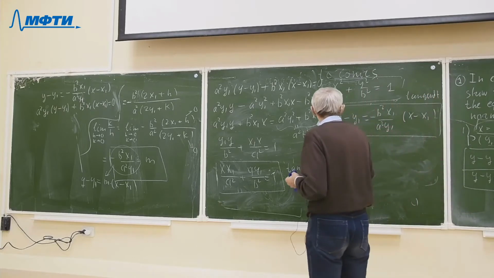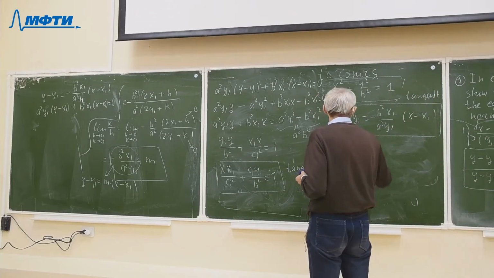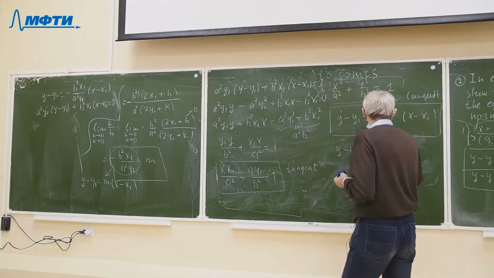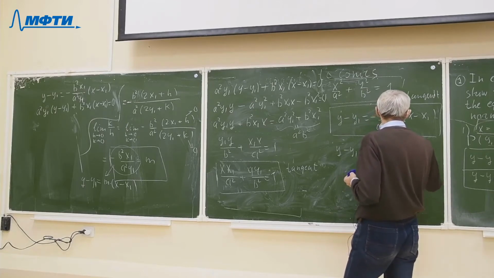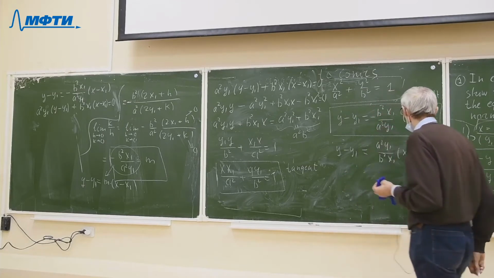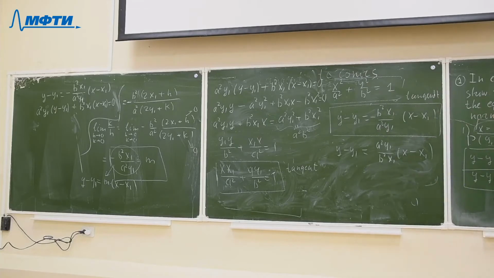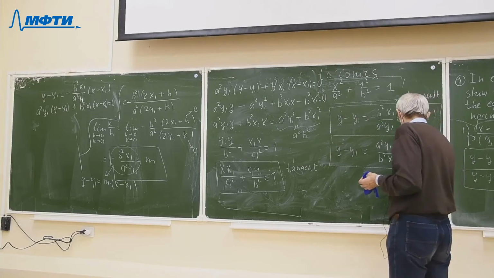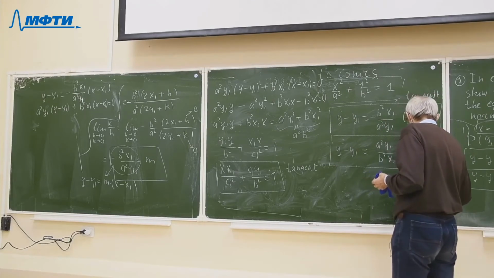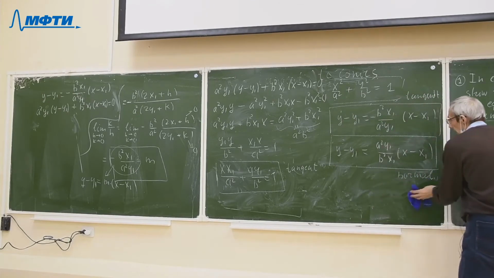And the normal has the following equation: a square y1 divided by b square x1 times x minus x1.